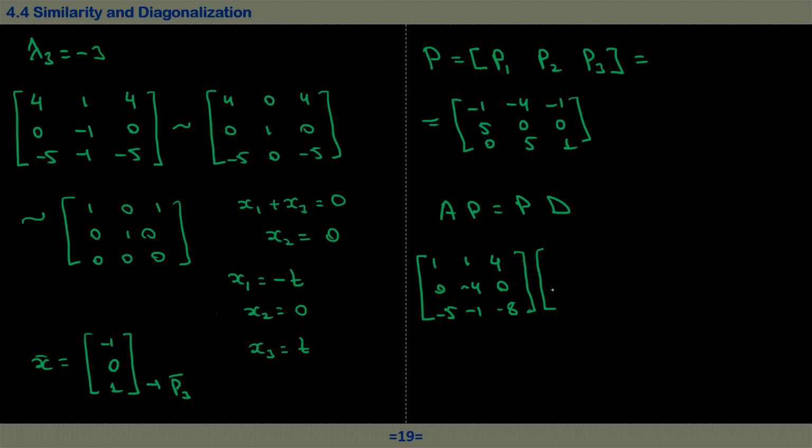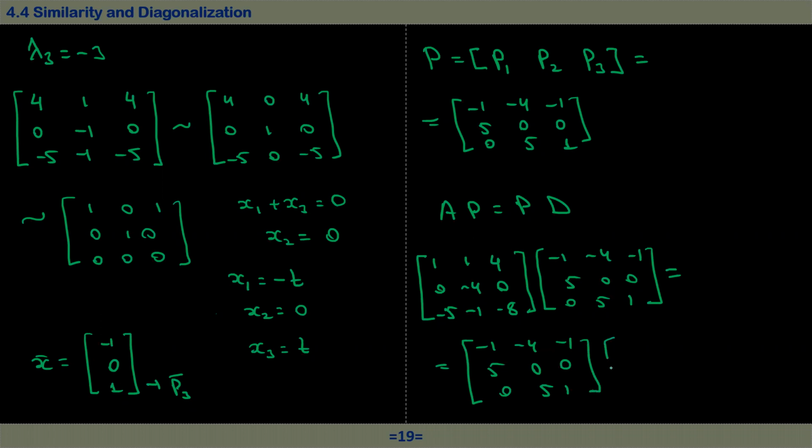Times matrix P, that is minus 1, minus 4, minus 1; 5, 0, 0; 0, 5, 1, which is equal to, again, matrix P times the diagonal matrix.